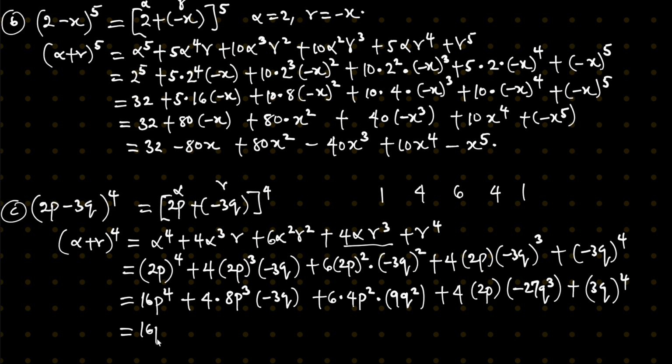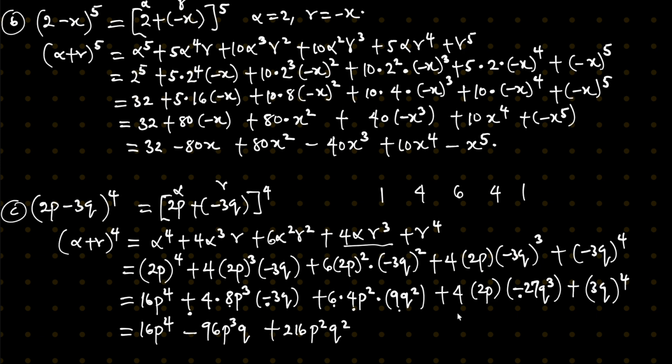So we do 16p to the power of 4. Now we have a negative here to multiply positive here, that gives negative. 4 times 8, 32, 32 times 9, that is 96 p cube q, plus 6 times 4, that is 24. 24 times 9 is going to give us 216 p squared q squared.